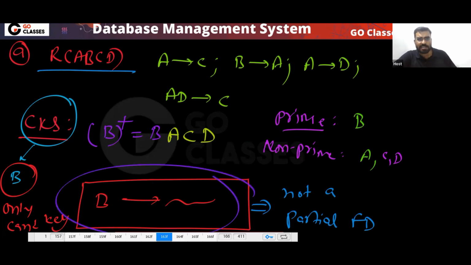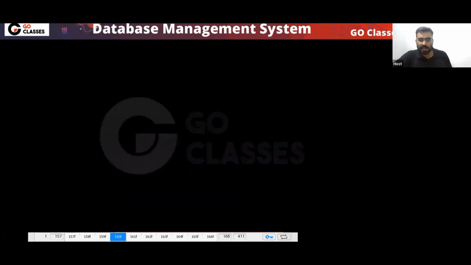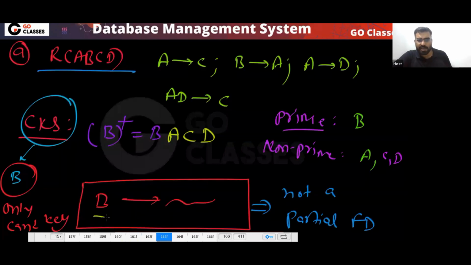Can you create a partial dependency where here you have B and here you have something? You cannot create this type of partial dependency. We do not have this type of partial dependency.